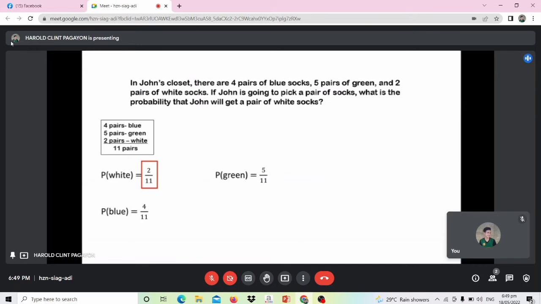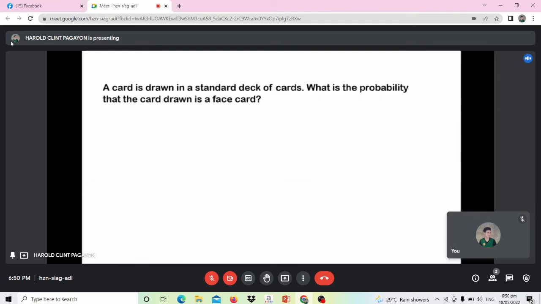So our numerator, since we are looking for the probability of a pair of green socks, is 5, all over the total pairs of socks, which is 11. Since we cannot simplify this one, our final answer would be 5 over 11. So that's the probability of the green. Understood? Okay.